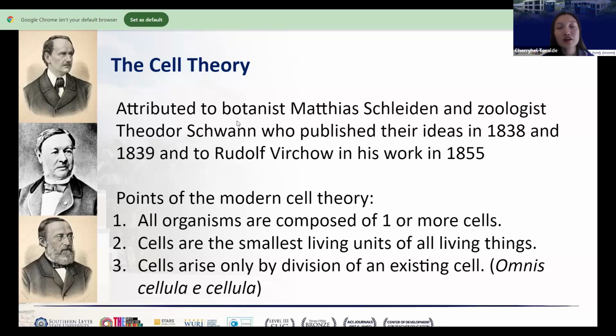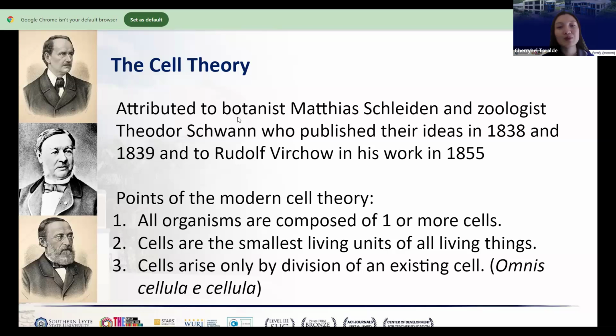So actually, it was a kind of coincidental story in which Matthias Schleiden and then Theodor Schwann had a little bit of tea time and then pep talk and then they were discussing about their observations of the cells that they're interested in.